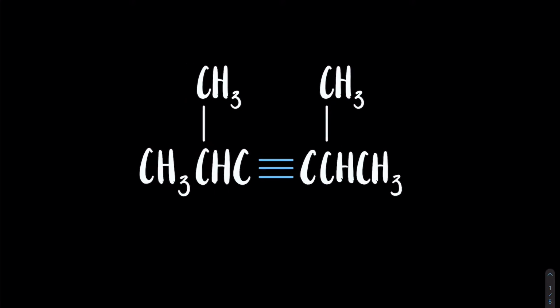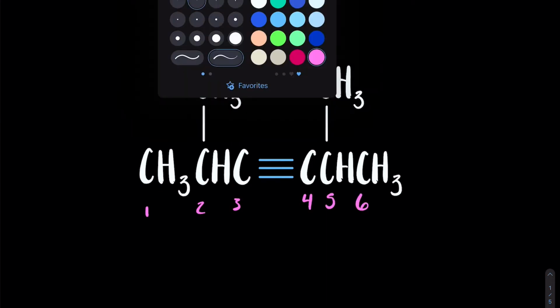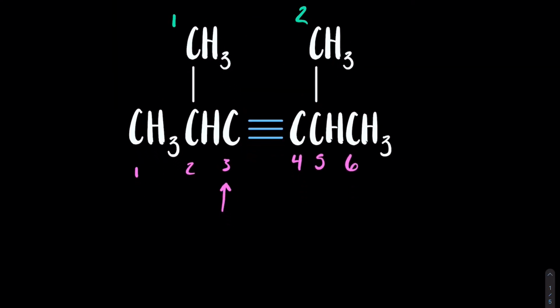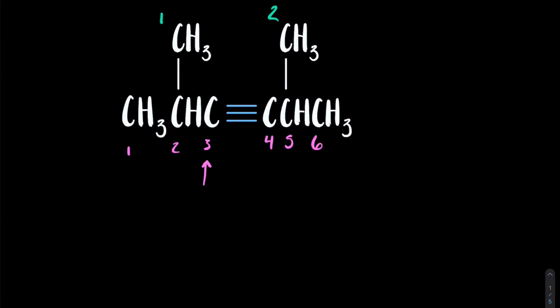So let's take a look at this first example. We see that we have carbon atoms 1, 2, 3, and the triple bond is equidistant from both ends. So let's just start from this side since I already numbered it 1, 2, 3, and we'll go in order. 1, 2, 3, 4, 5, 6. We got two methyl groups. We got one here and one there. And the triple bond starts at the third carbon atom.